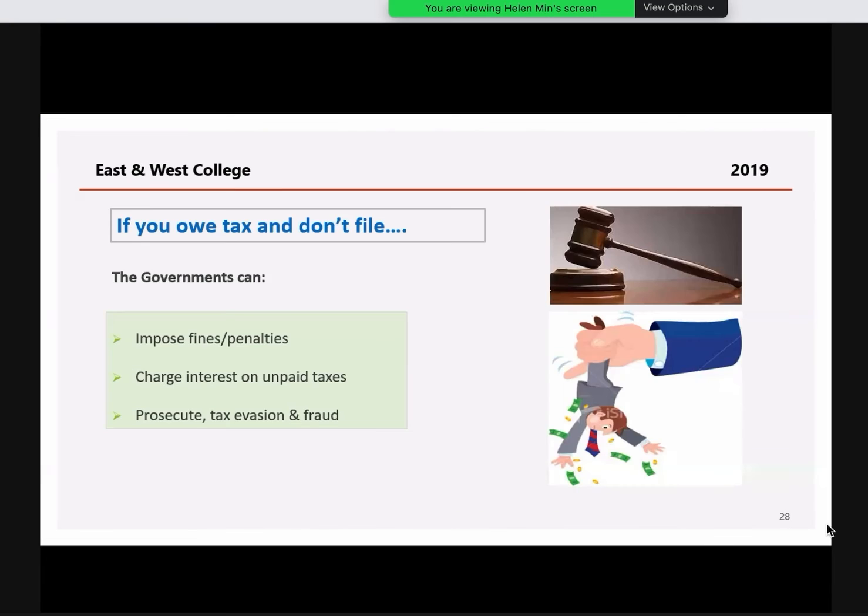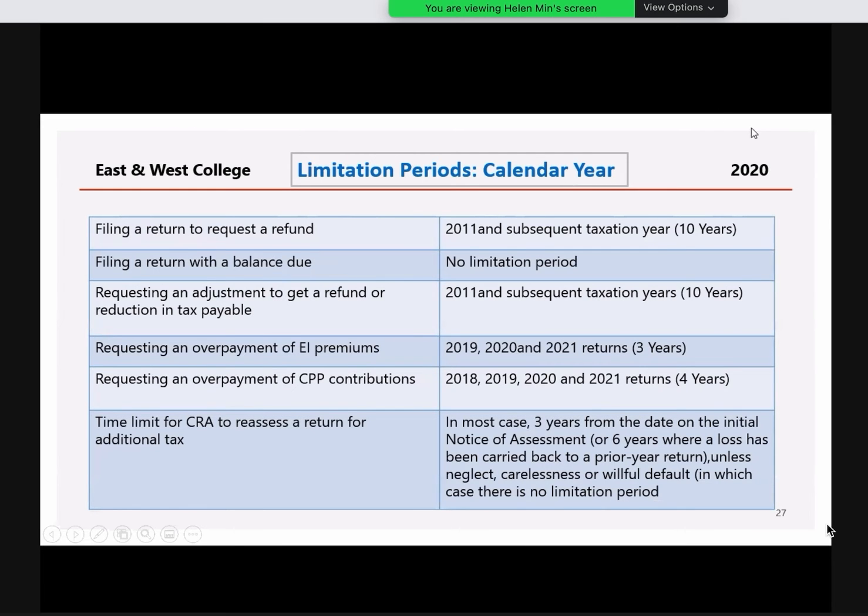Why is it not here? This is the same thing, I have not updated this one.